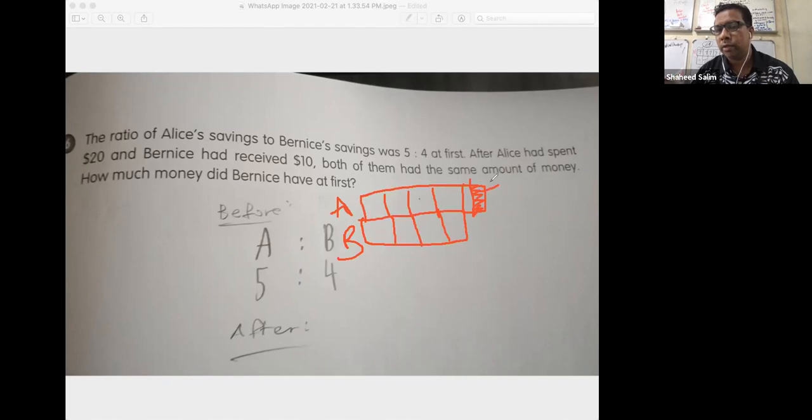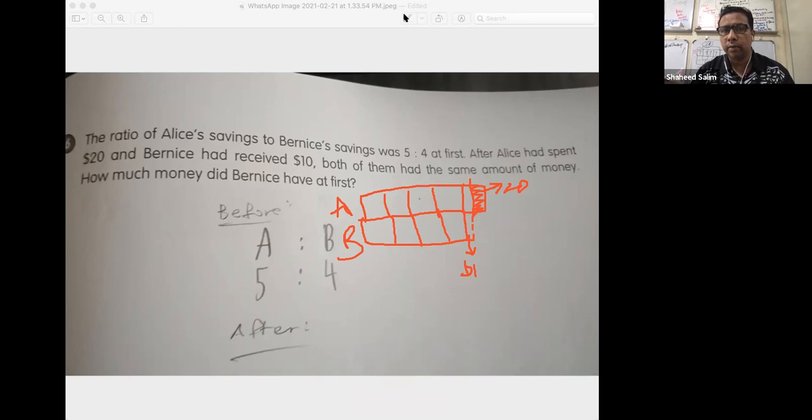So I label this one $20. Then Bernice received 10. Let's say this one is the 10. We draw a dotted line. So can you see this one is $10.